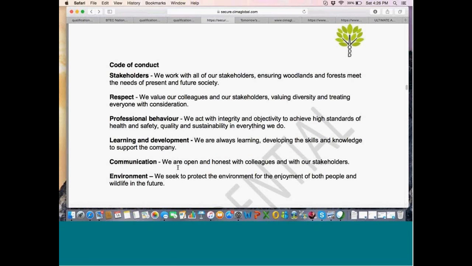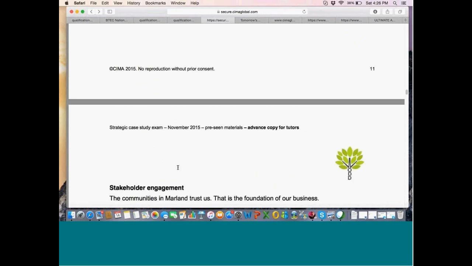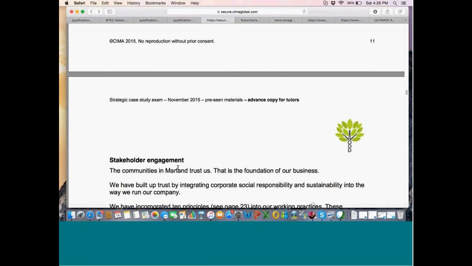So again, how do you communicate the activities that they have done to the stakeholders? This could be a separate report that you may have to produce and publish to your stakeholders. Stakeholder engagement. And they say, communities in Marlin trust us. This is the foundation of our business, right?